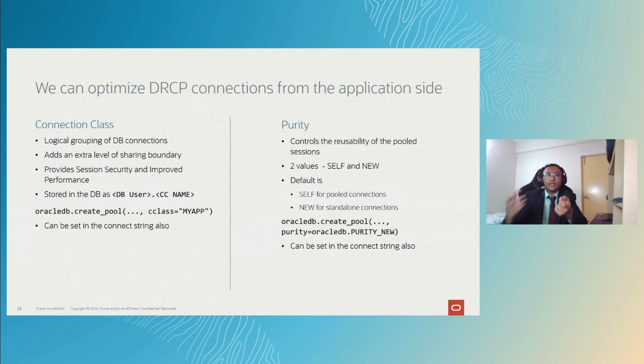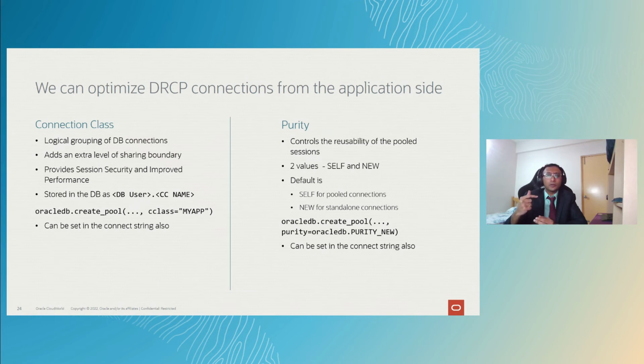And the other parameter that I want to talk about is the purity parameter. Purity basically controls the reusability of the pool sessions in DRCP. It has two values, self and new. In the case of self, you can set the self value if you want the application logic to reuse a pool session.